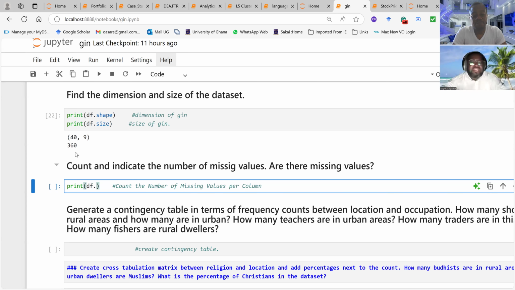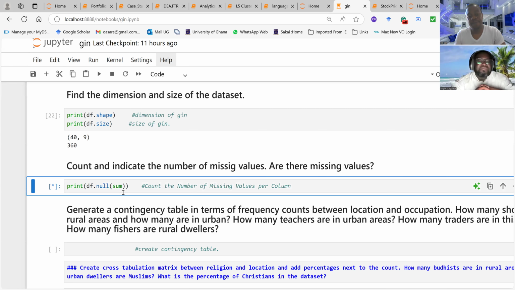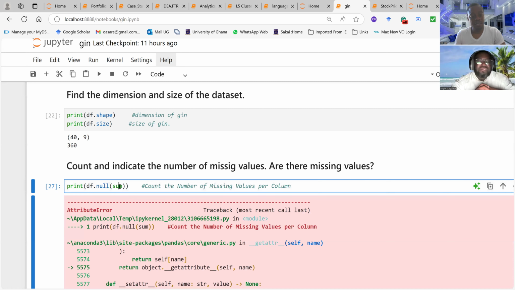So you can name it missing value equals df.isnull().sum(). Good. Are you done? So the total missing value is df.isnull().sum().